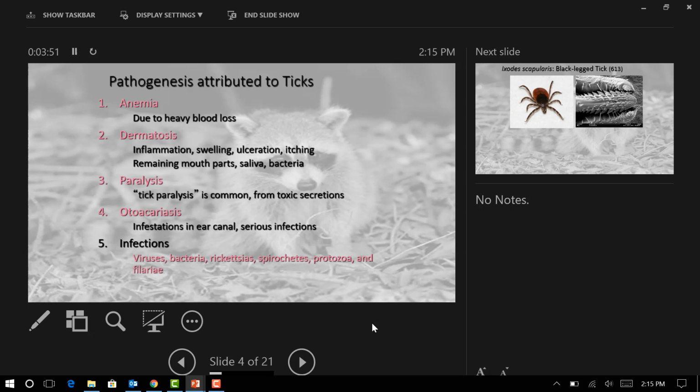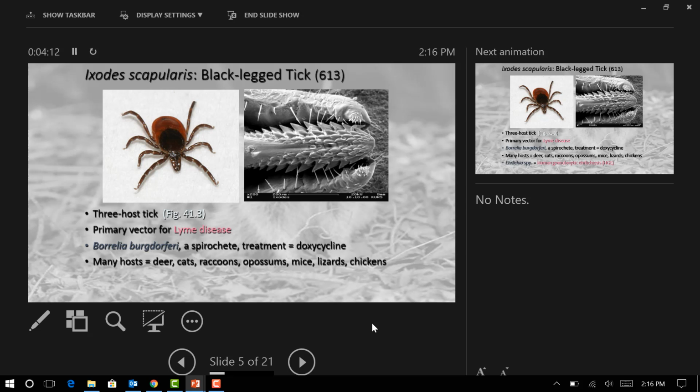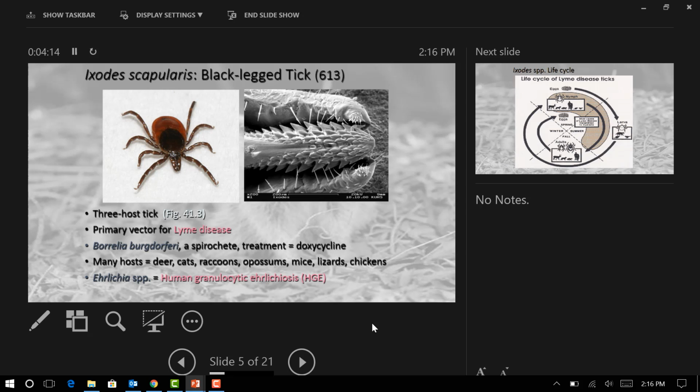A lot of these ticks act as vectors for some pretty dangerous organisms. So let's talk about some of these. Ixodes scapularis, the black-legged tick. On the left is just a gross anatomy of the tick. On the right is a zoomed-up version of the hypostome. This is the primary vector for Lyme disease, Borrelia burgdorferi.